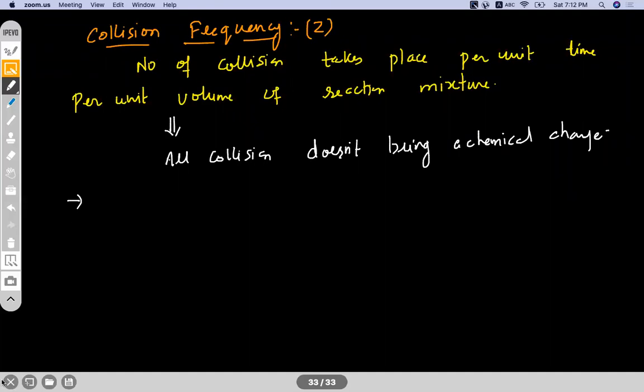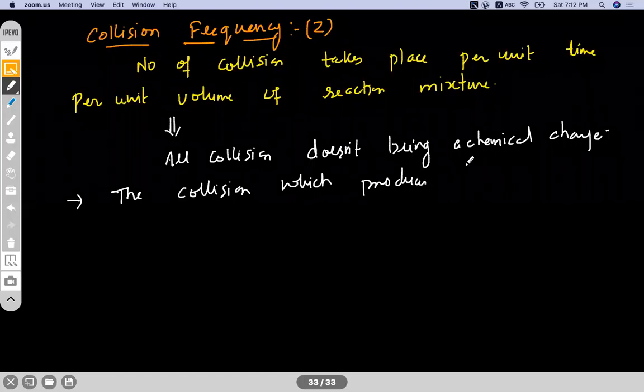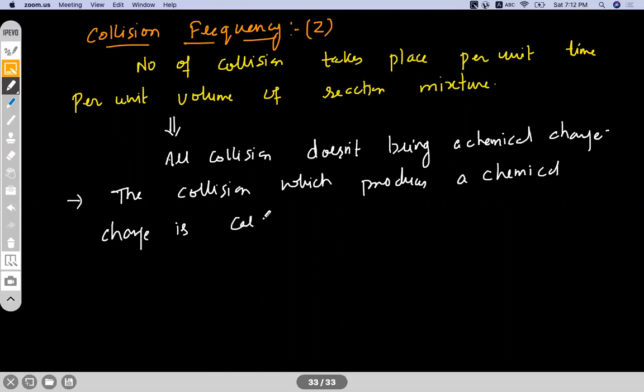The collision which produces a chemical change is called effective collision, right? And those which do not bring a chemical change are non-effective collisions.